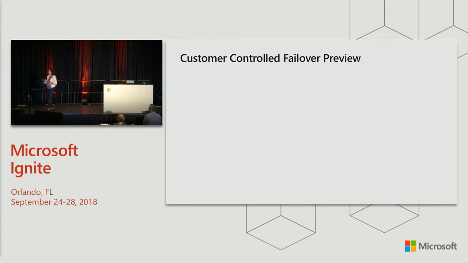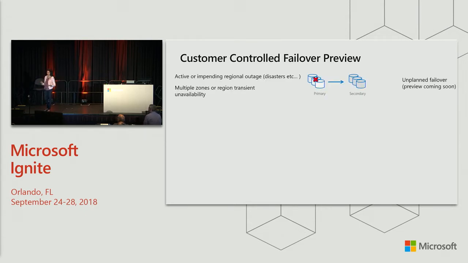So there are a couple of flavors of this failover when we think about when you would use this. There are multiple scenarios. So typically you have, what do I do when there is a region-wide disaster? I need to go to my secondary right now. So we call that an unplanned failover or a forced failover. Basically, you're forcing yourself to go to the secondary endpoint.